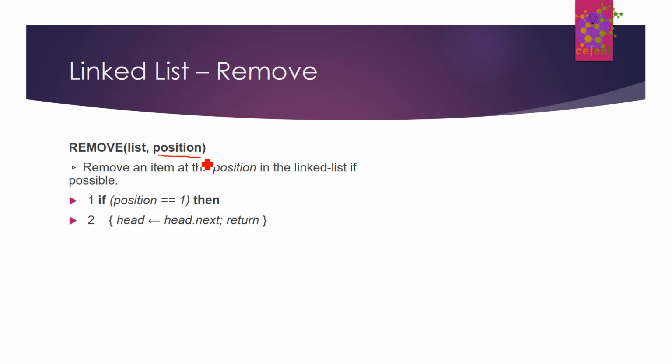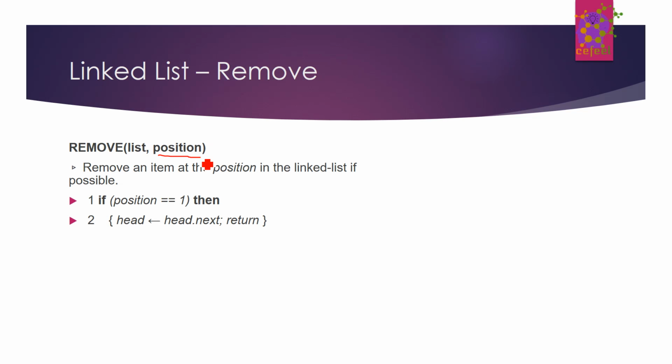Now remember, in some languages you might have to even free the node, delete the node, so that its memory gets deallocated, but for simplicity we are not explaining it here. Like if you use C, you might have to free the memory so that it doesn't cause a memory leak. But for simplicity, let's not go into that detail.